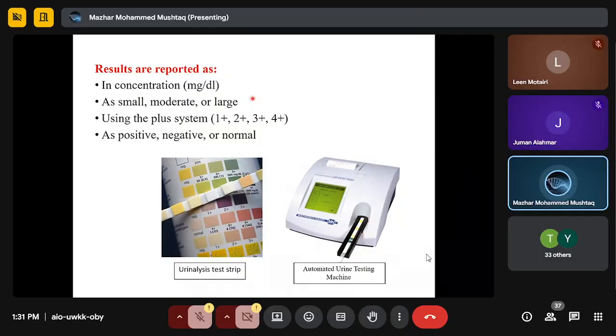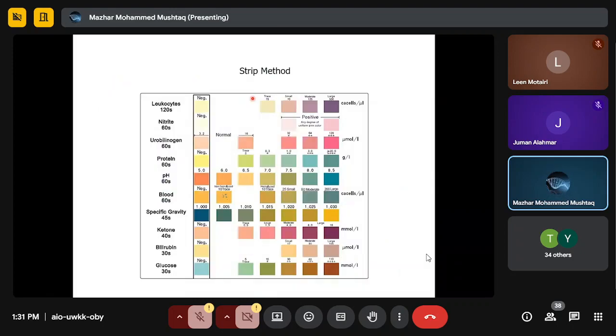So this is how the result is given in the report: in terms of concentration, that is milligram per deciliter, in terms of just the words small, moderate, large, with the plus system, or with positive or negative. So this is the reporting system. This is how the strip method actually looks. You see the strip, and the leukocytes, the nitrite, urobilin.